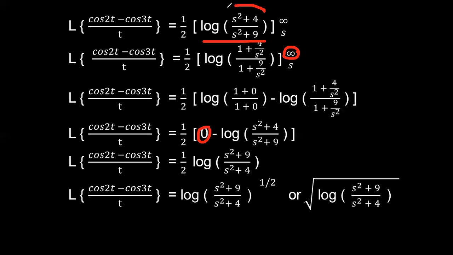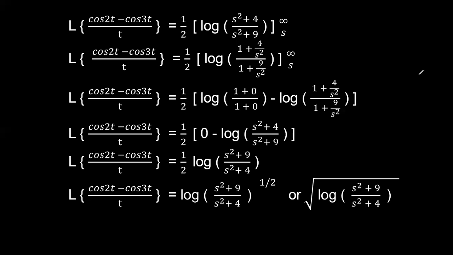Whatever function is represented here is represented the same by substituting the second limit, that is your s term. So 0 minus log of s square plus 4 by s square plus 9. If you simplify this again, you will get the same value, that is log of s square plus 4 by s square plus 9.